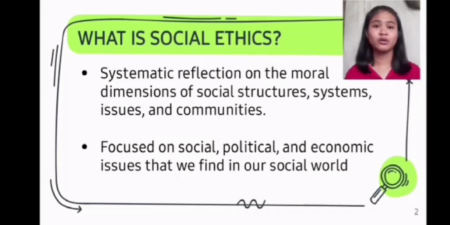Social ethics is focused on social, political, and economic issues that we find in our social world. Social ethics is different from personal ethics because it is not primarily focused on the moral character of an individual. Rather, social ethics is focused on institutions, groups, and even nations as they face moral issues.